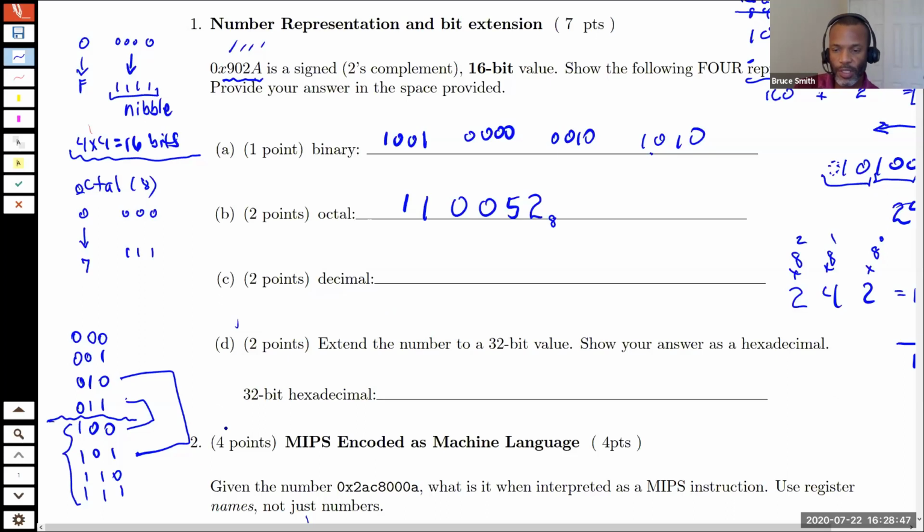So for an example, if I gave you something like this, 110, and I said, what is its value? You don't really know what this value is. Is it, let's see, 1, 2, 4, is it a 6? Or is it a negative value?